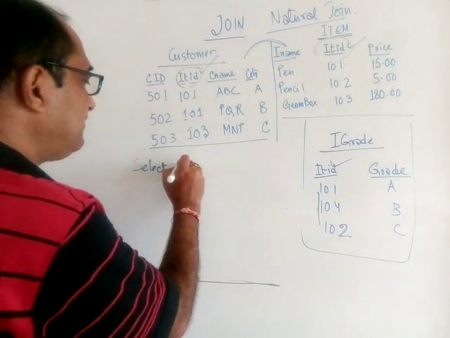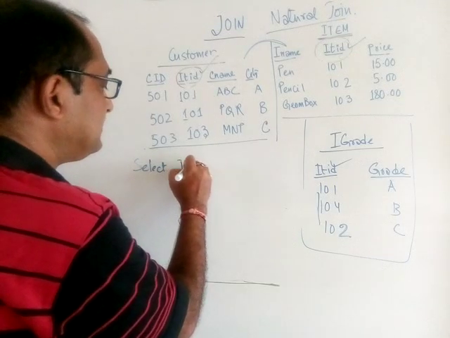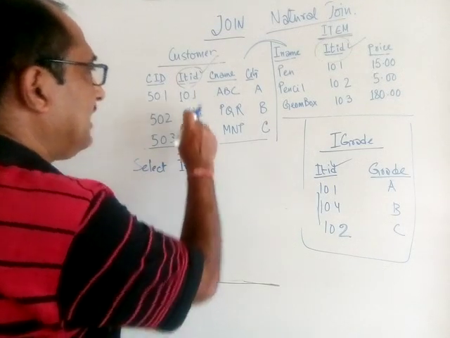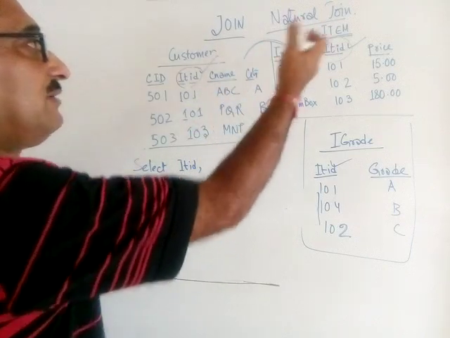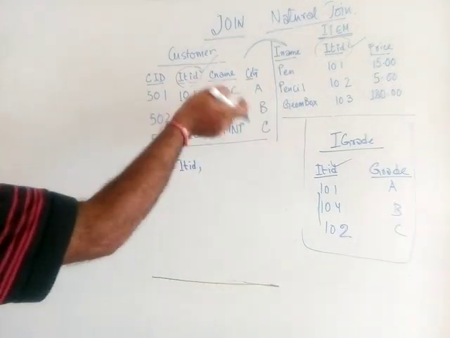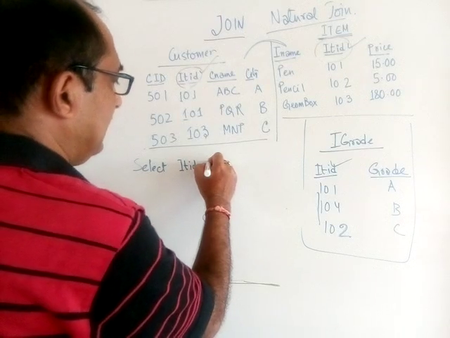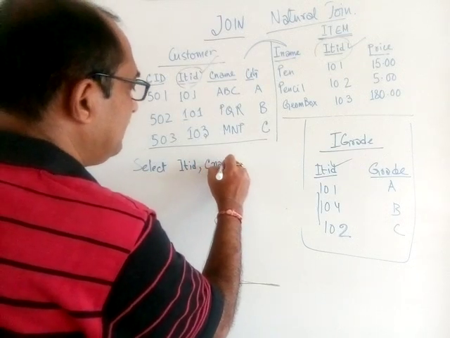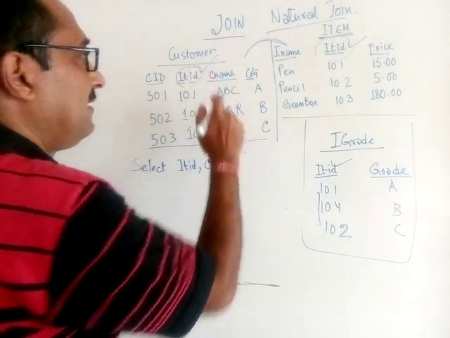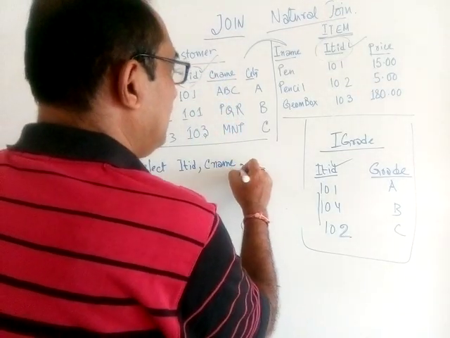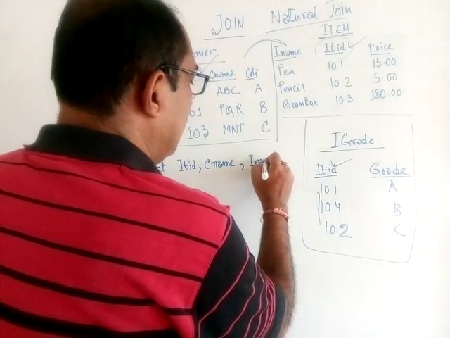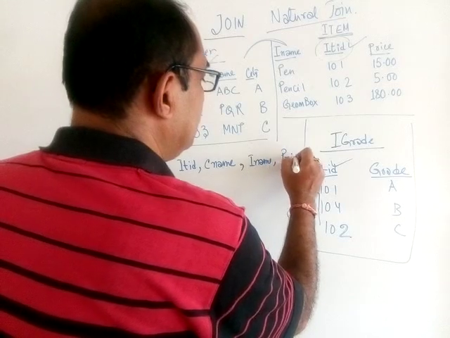How will you write the field names? Here there is a peculiarity you will see. I wrote IT, which is from the customer table or item table. Fine. That is the main connecting point. Then I wrote C name, customer name. And then I wrote I name, and I wrote price.